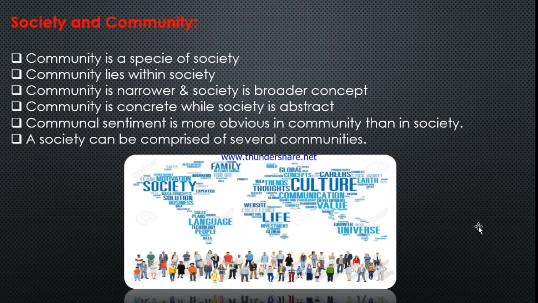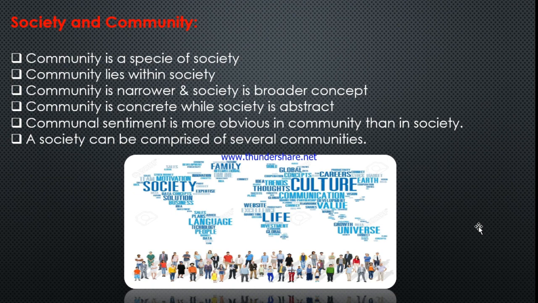Again, some differences are there between community and society. Community is a species of society. Society is a broad sense. Community is a part of that society. Community lies within society. Community is narrower and society is a broader concept. And community is concrete while society is abstract. You can observe a community in your country or maybe in your cities.